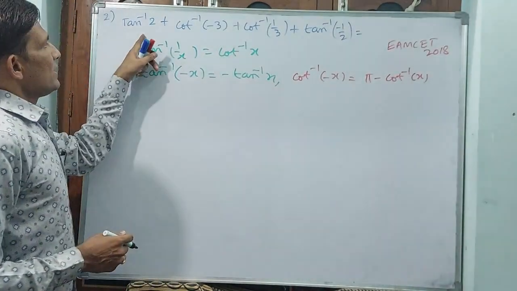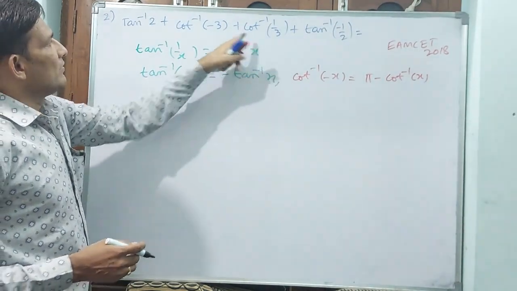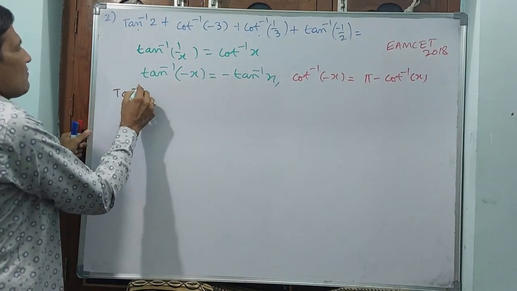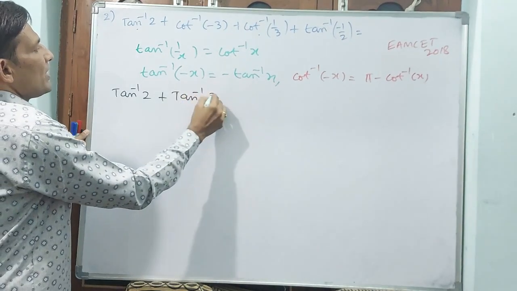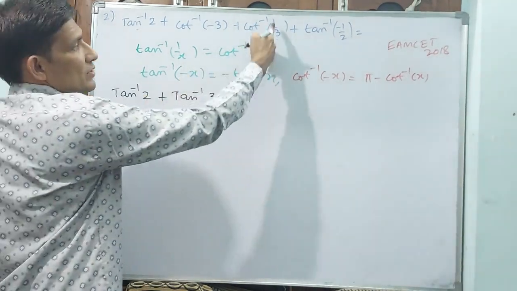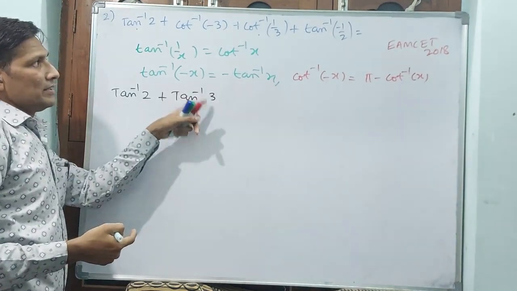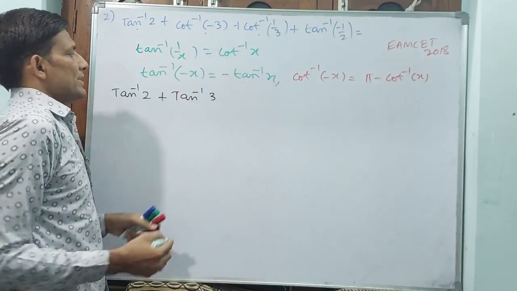See what I am doing. This, shall I make it as tan inverse 3? See what I am writing: tan inverse of 2 plus tan inverse of 3. This cot inverse of 1 by 3, if you reverse it, is tan inverse of 1 by 1 by 3, that means 3.